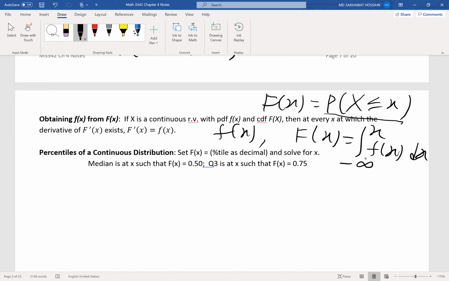And if you are given the CDF, you can also calculate the PDF. The CDF is the integration of the PDF, so the PDF will be the differentiation, or derivative, of the CDF. That means if F(x) is the CDF and small f(x) is the PDF, then f(x) is equal to the derivative of the cumulative function.